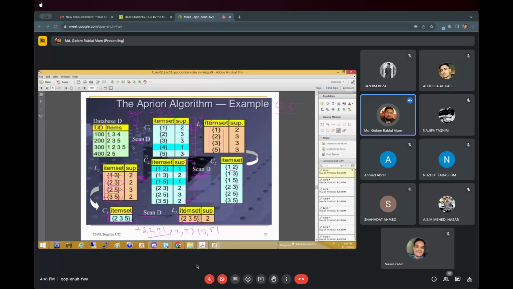From our data set we can see 2 3 5 here and also here. So 2 3 5 appears 2 times out of 4, and the support is 0.5.